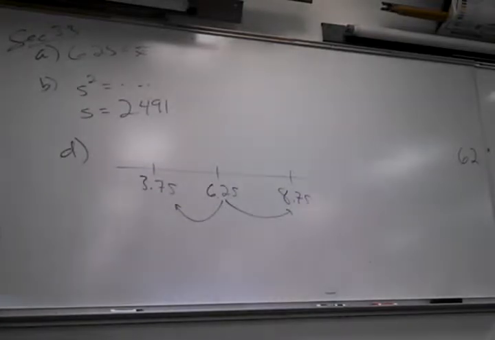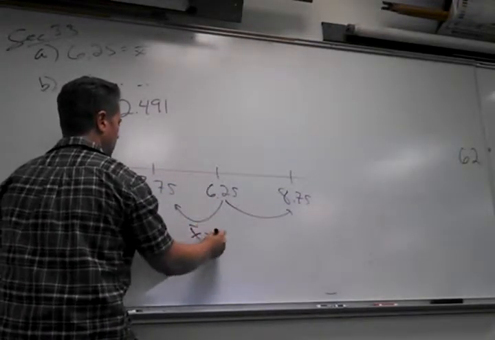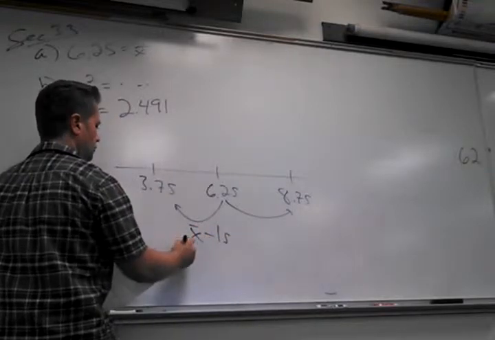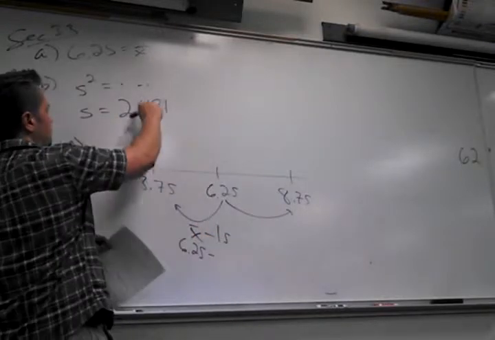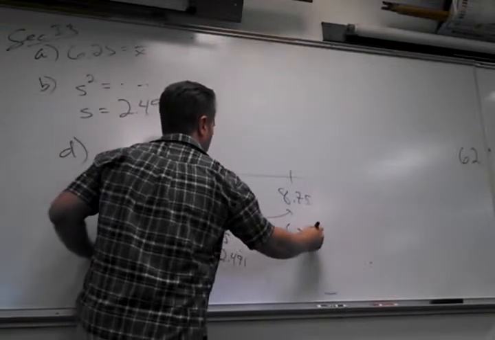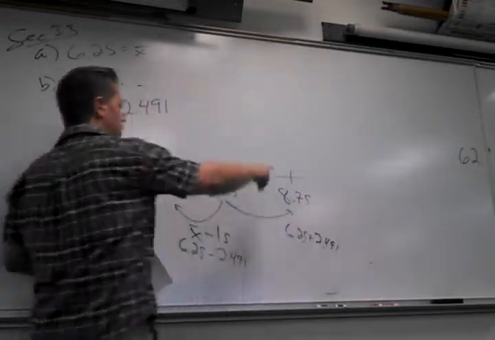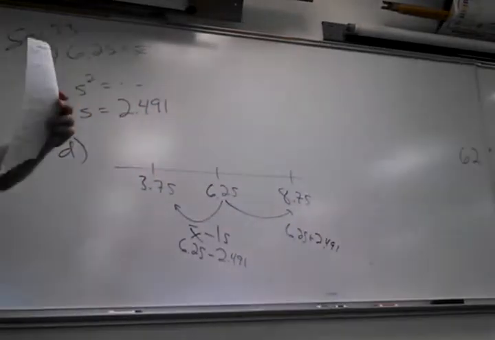Cool. Let me stop right there. If I take the mean and subtract one standard deviation, so 6.25 minus one of these, and 6.25 plus one of these, that's within one standard deviation of the mean.